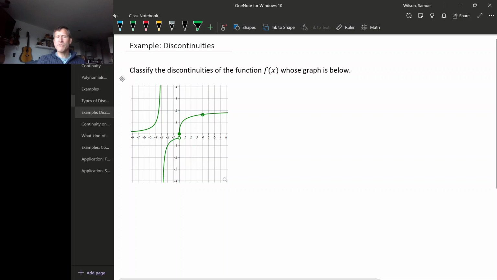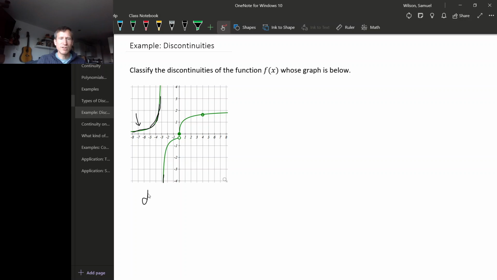Remember, a function looks continuous wherever you can sort of draw the graph without lifting up your pencil. So in this part of the graph, it's going to be continuous because we can draw this part without lifting up our pencil. It's going to be continuous for all of these x values, all the way up to -3. At -3, we have to lift up our pencils and jump down to here.